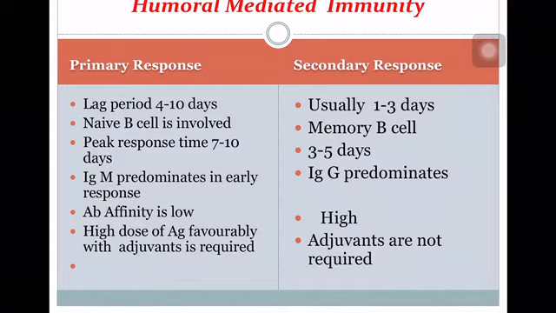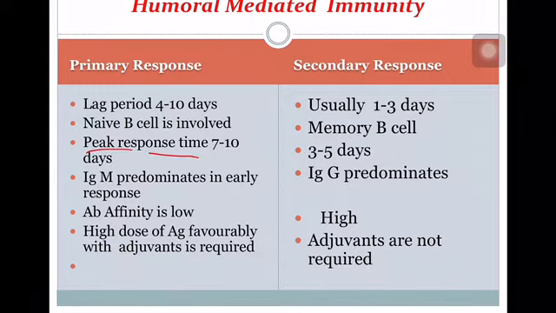Memory B cells are those cells that are produced from the B lymphocytes which have already bound to the antigen and undergone the steps of clonal proliferation and differentiation. So, they have the memory of that specific epitope or the antigen. So, those memory B cells are involved in the secondary response for the second time contact with the same antigen.